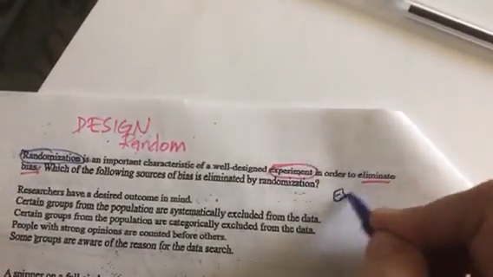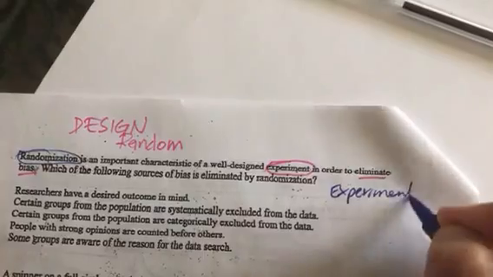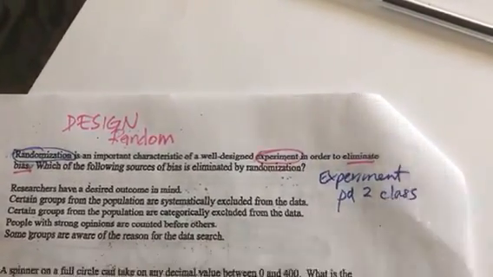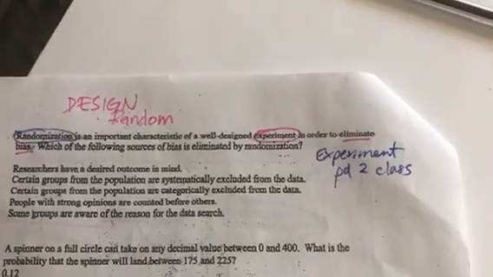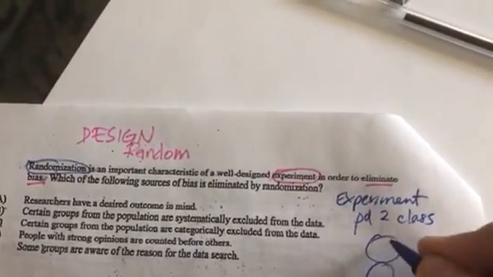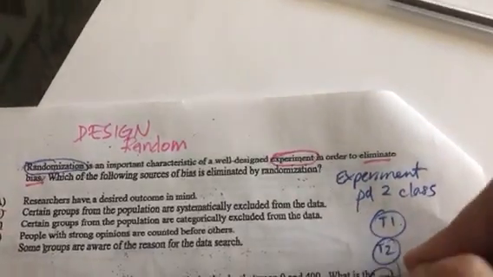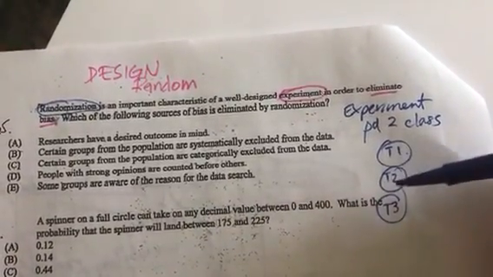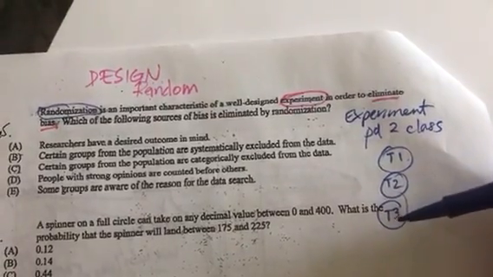So if I wanted to do an experiment, let's say with my period 2 class, and let's say I had 3 different treatments: treatment 1, treatment 2, treatment 3. So this could be one treatment, this could be another treatment, and this could be no treatment at all.